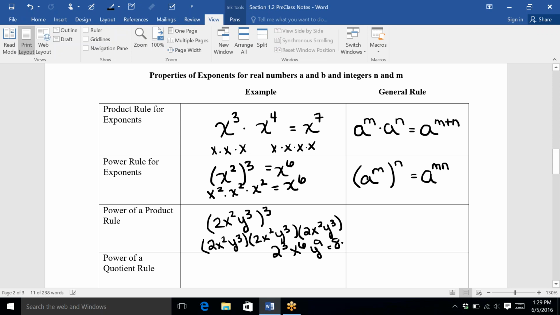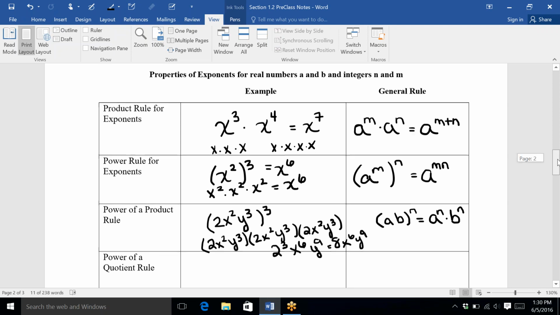Now if we work that out, that is 8x to the 6th, y to the 9th. So we can cube each individual piece, and then we have our final answer. So a generic rule for this is a times b to the nth power is a to the nth power times b to the nth power.